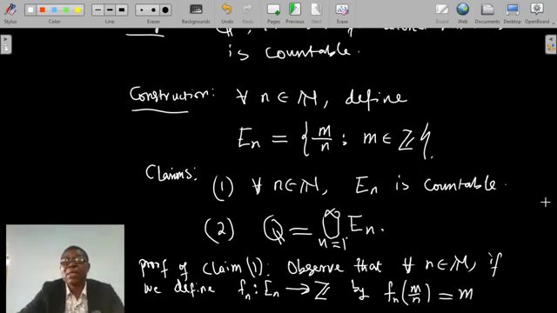Remember that a typical element of En is m over n. So what this function does is that it will take m over n back to m.